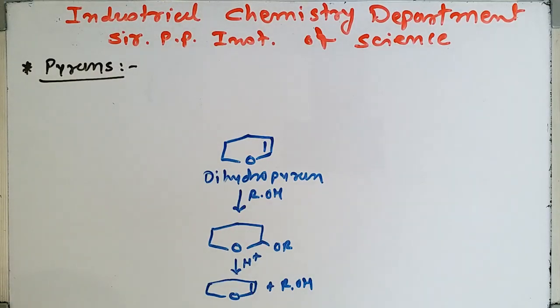On catalytic reduction of dihydropyran with Raney nickel, dihydropyran gives tetrahydropyran.